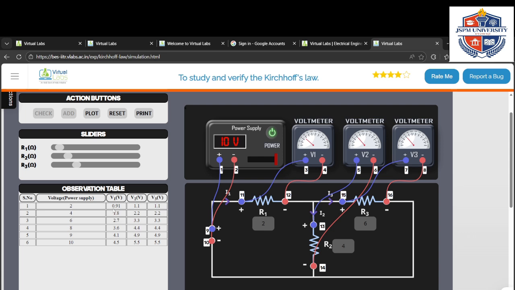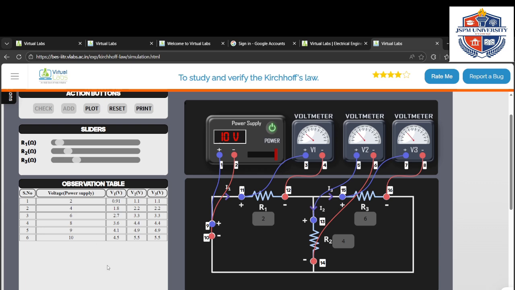Here the resistance is 2 ohms, therefore the voltage is 0.9. Here the resistance is 4 ohm, therefore the voltage is 1.1. Like that, in all the cases V2 is higher than V1, since the resistance of R1 is less than the resistance of R2.